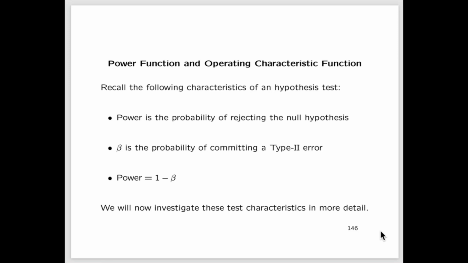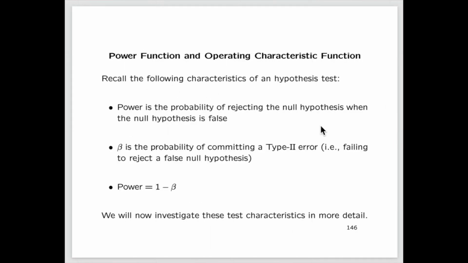So recall the following characteristics of a test. Power is the probability of rejecting the null hypothesis. In fact, I should be a little more careful how I specify this, so I'm going to change that bullet point to reflect that.